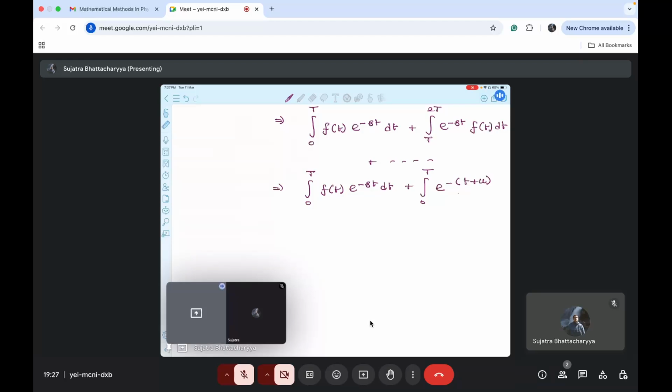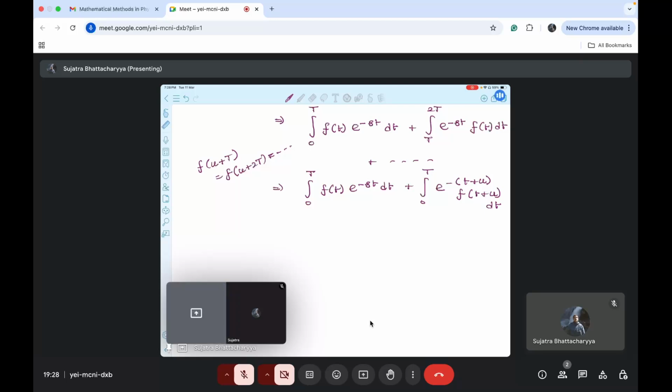I'll come to why it becomes like this. So what exactly is happening is that for a periodic function, we know f of u plus T will be nothing but f of u plus 2T and so on, right? Exactly that is what we are trying to see here.